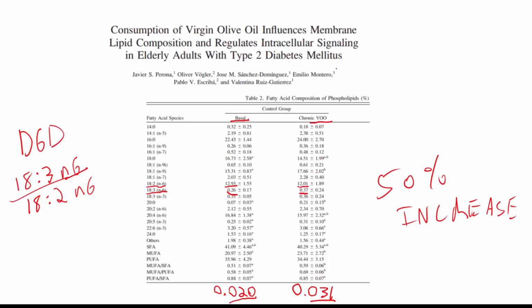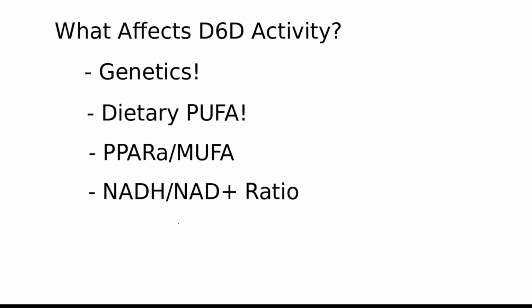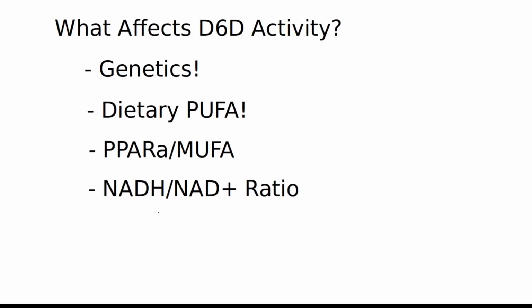If you've read my blog or watched any of my past videos, you will know that I consider this NADH to NAD plus ratio to be a huge issue. And the NADH to NAD plus ratio, which I also call reductive stress, will absolutely drive forward that reaction of delta 6 desaturase.